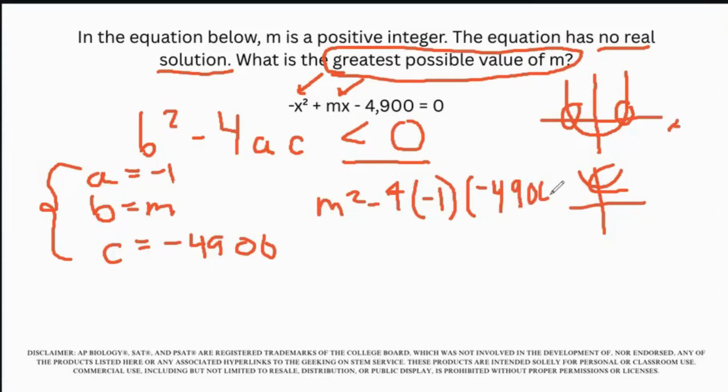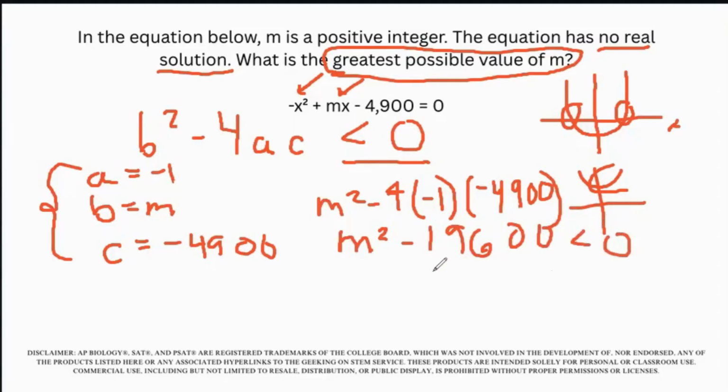-4,900. If you plug this into Desmos and you solve or simplify this, you get m squared minus 19,600 less than 0.